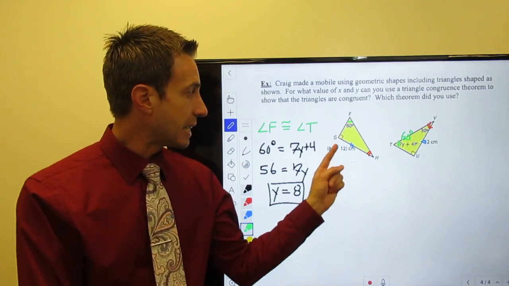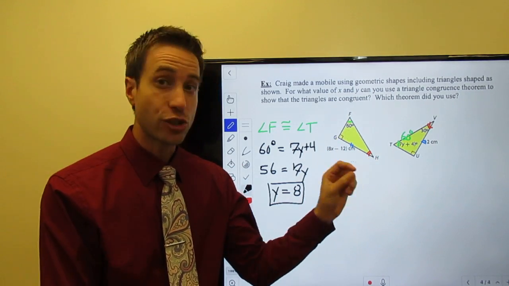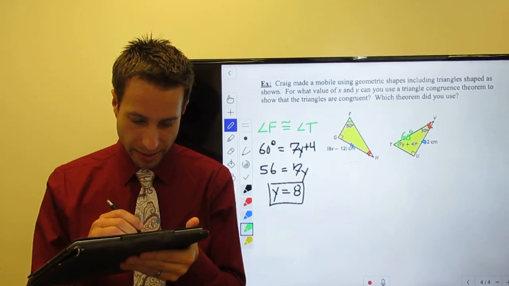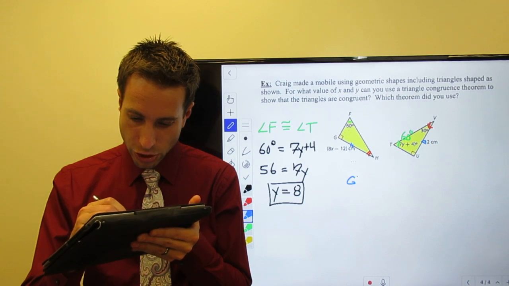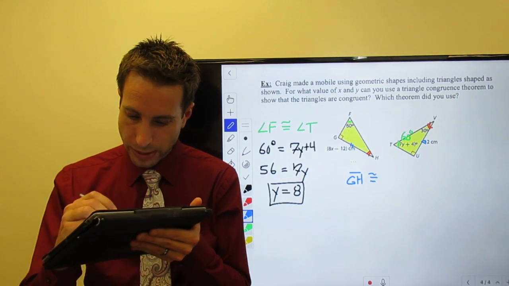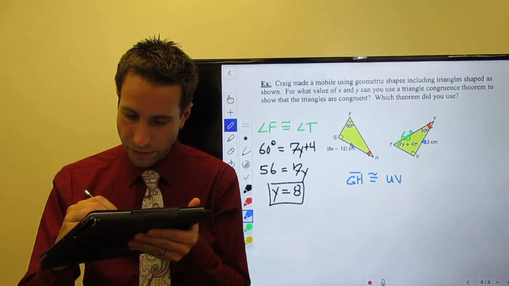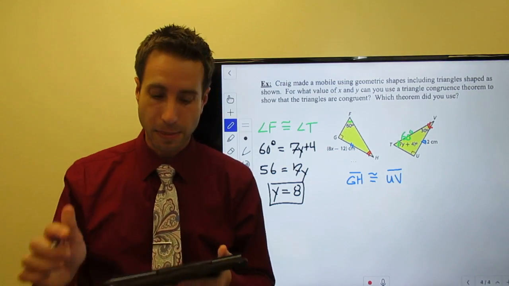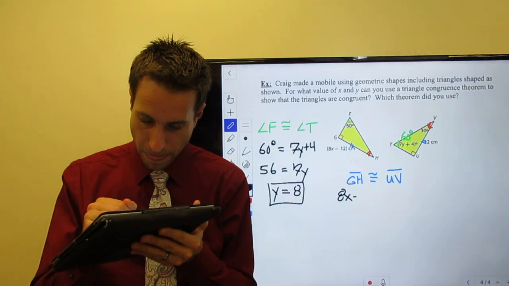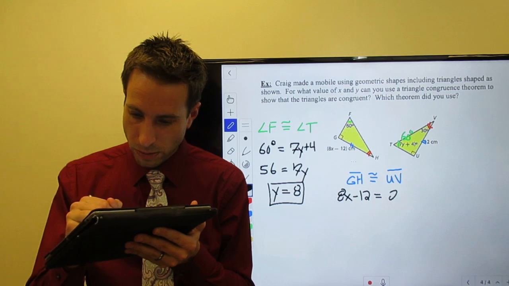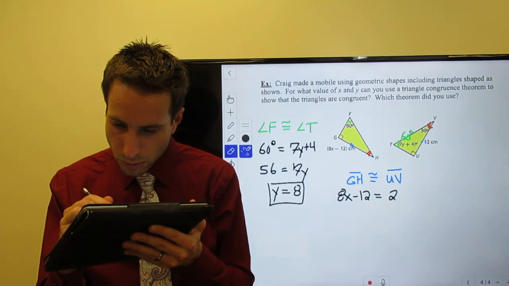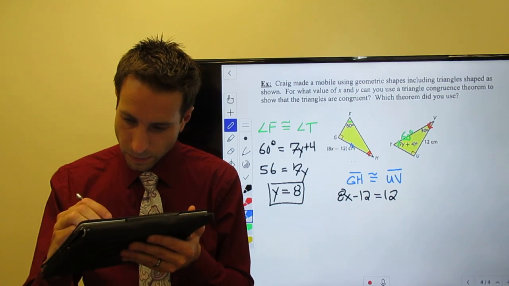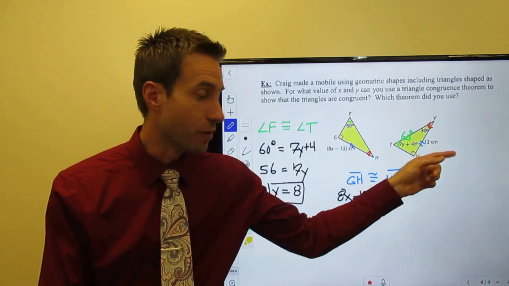Keep going. Guys, look, I need GH, this side, to be congruent to side UV. Okay, let's do that. Well, plug in what we know. GH, 8x minus 12, has to be equal to 12. Sorry, I wrote over the 12 and covered it up.